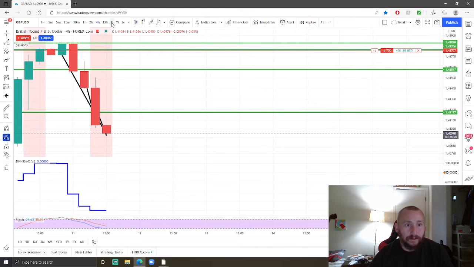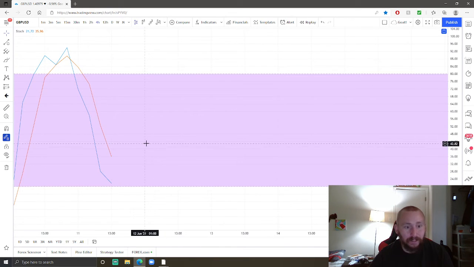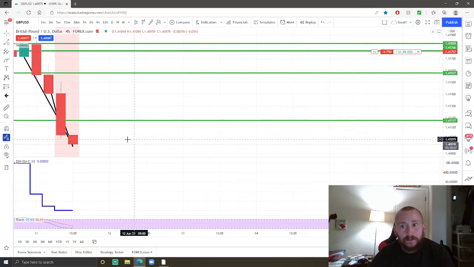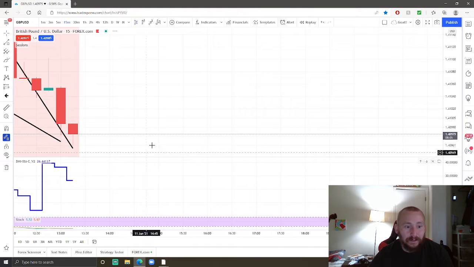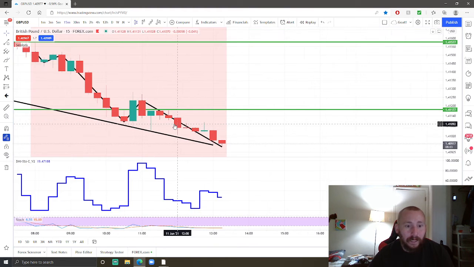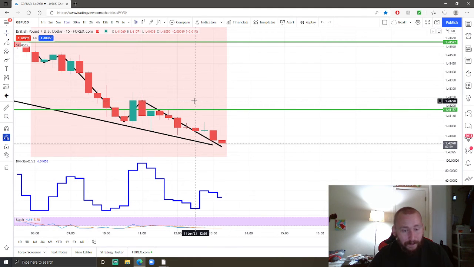Right now, since we're in territory that is unknown, I like to say anything under these greens is territory unknown. You have to be more cautious, especially when you're kind of lowish on the stochastic, right? So definitely be keeping an eye on price action. So it's super important for me to actually create a horizontal line right here because what we're looking for is failed retracement.